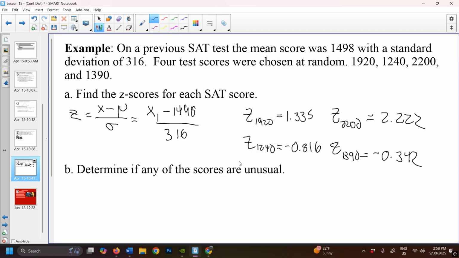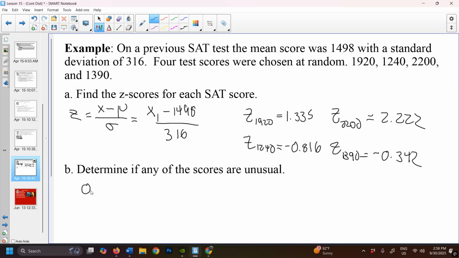Well, it's only unusual if it is more than 2 standard deviations away, either positive or negative. And remember, when it's negative, the actual value is below the mean. So there are no z-scores that are 2 standard deviations below the mean, but there is one score that is 2 standard deviations above the mean.